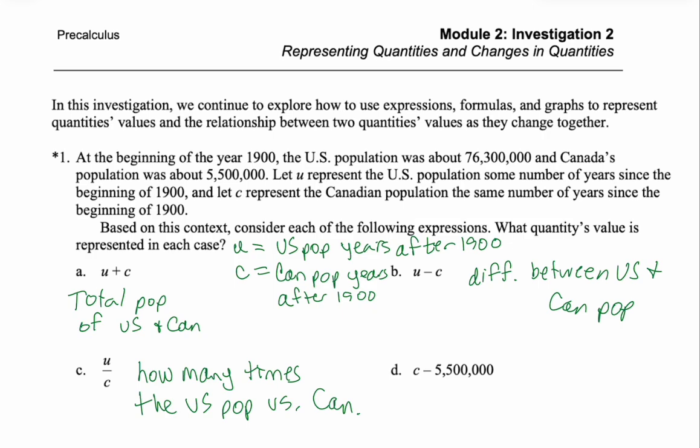What about C minus 5,500,000? So think about where that number came up, that 5,500,000. And so what would C minus that significant number they mentioned earlier represent? What do you think?